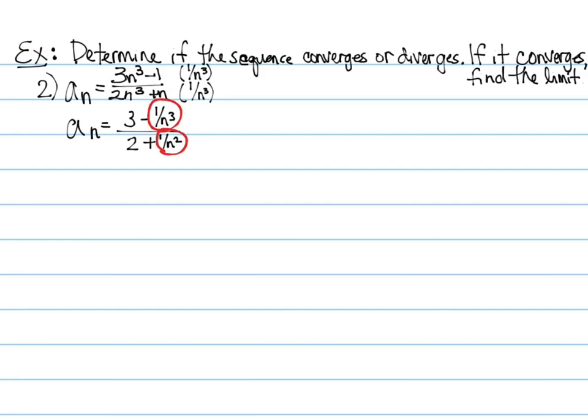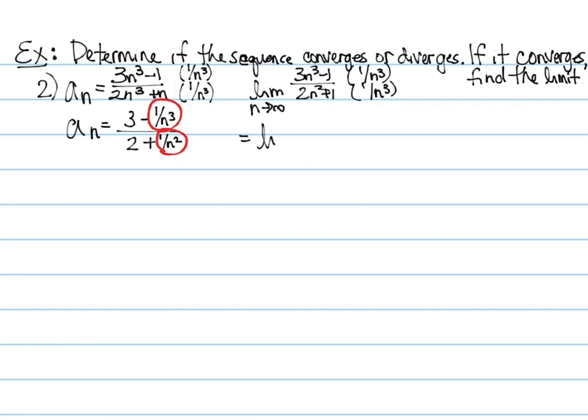Now, logistically, how do I write this down? Well, we write it down with limit notation. So our limit, as n goes to infinity, of 3n cubed minus 1 over 2n squared plus 1, and I'm going to have 1 over n cubed here.